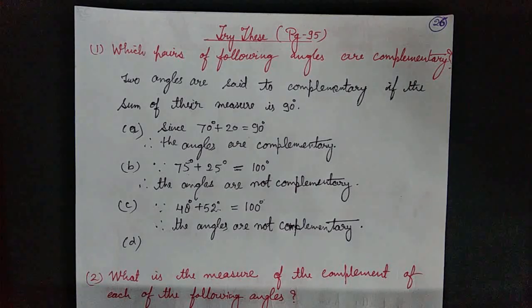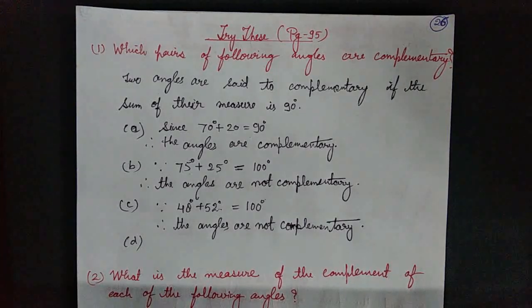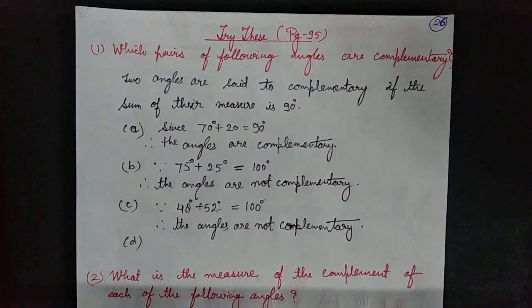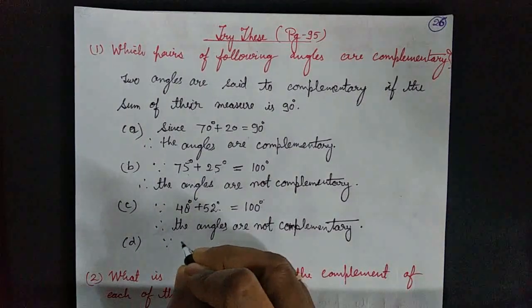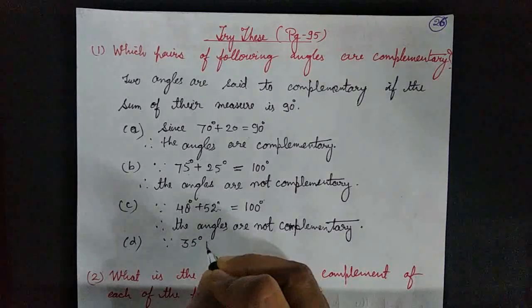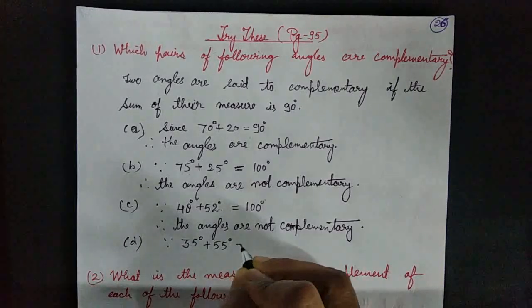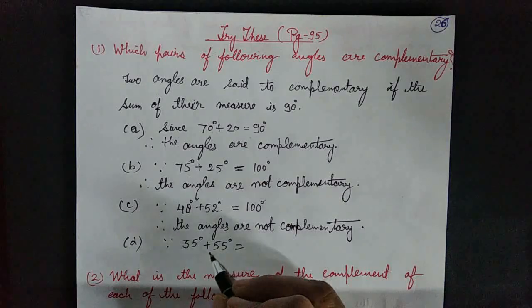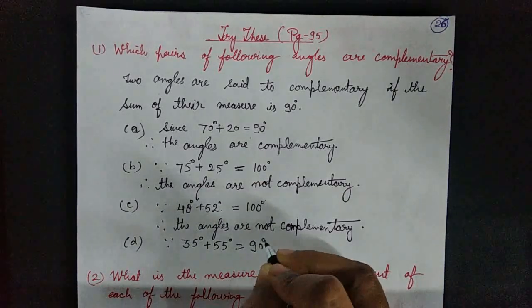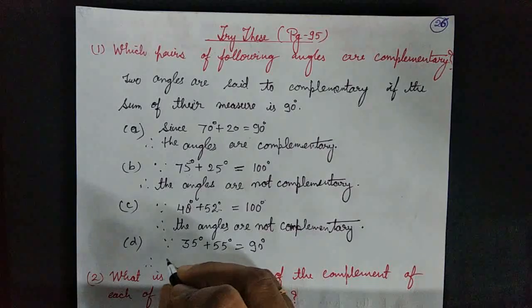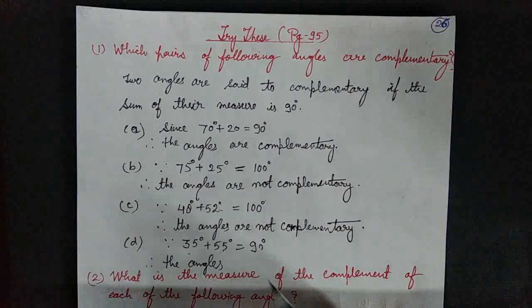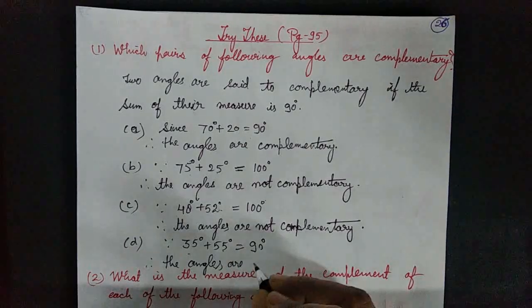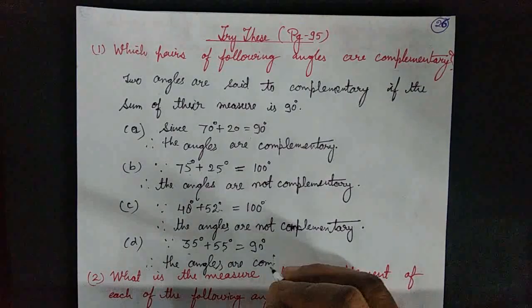Now we will solve the D part of this question. In the D part, the measures of the angles are 35 degree and 55 degree. Let us add 35 degree and 55 degree. Here the sum is coming 90 degree, therefore the angles are complementary.